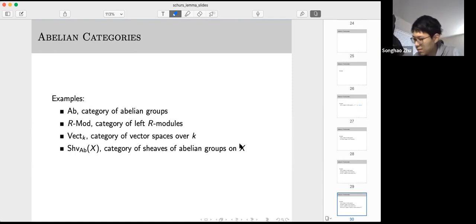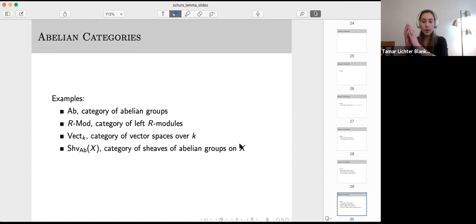If you take a topological space X and think about all of its open subsets, then a sheaf is some way of assigning an abelian group to each open subset in a nice, structured, compatible way, which I will not give you all the details of right now. I think in some way it's supposed to generalize the idea of functions on a space. People give the example of a sheaf of smooth functions on a manifold or something like that, but that might not be exactly right, I'm not sure.